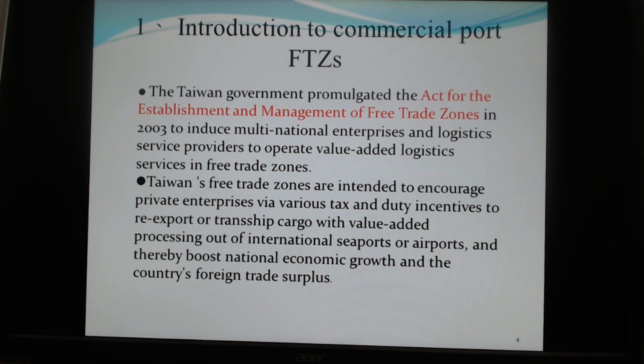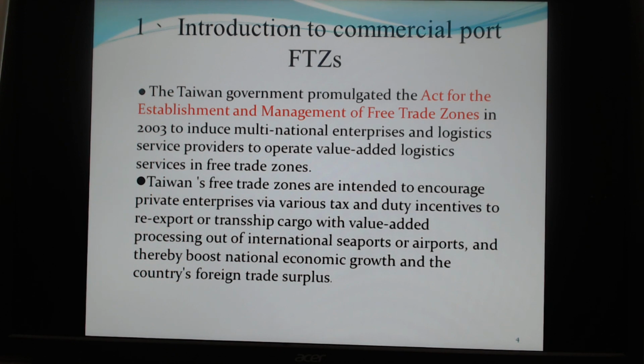Okay, first one, we are discussing our introduction to the commercial port. Basically, in 2003, the Taiwan government carried out the act of establishment and management of free trade zones. So the purpose is attracting multinational enterprises or logistics service providers to operate value-added services in this free trade zone.